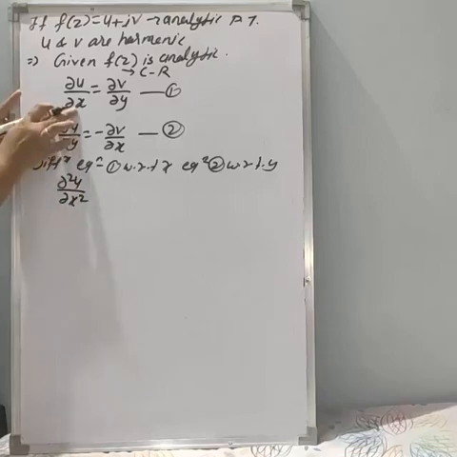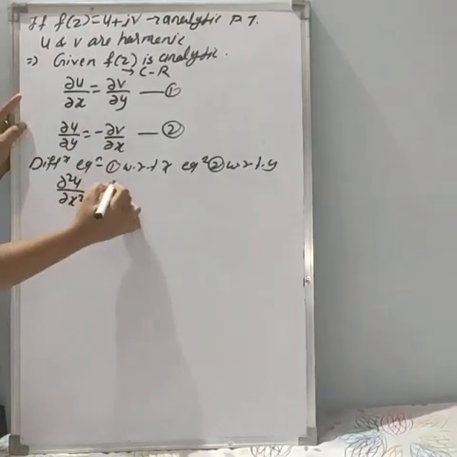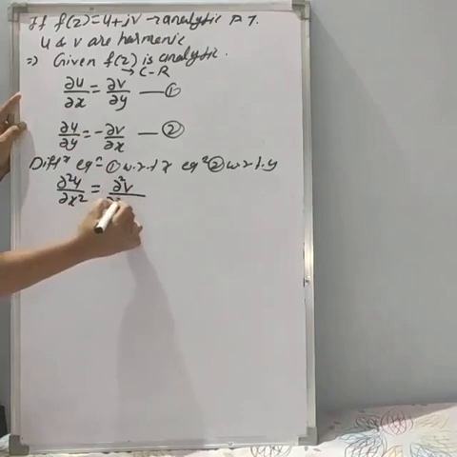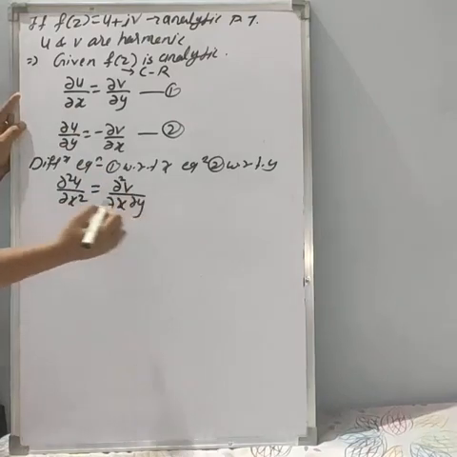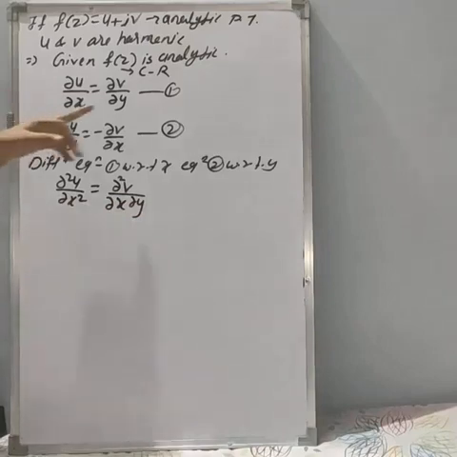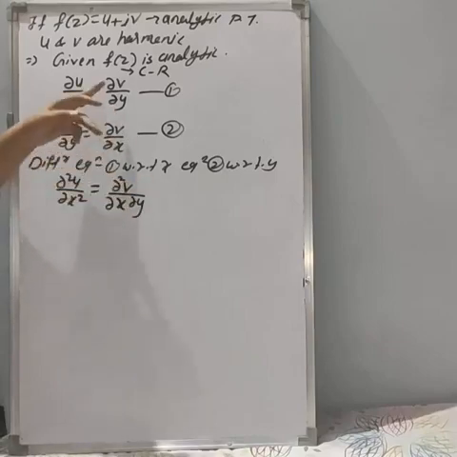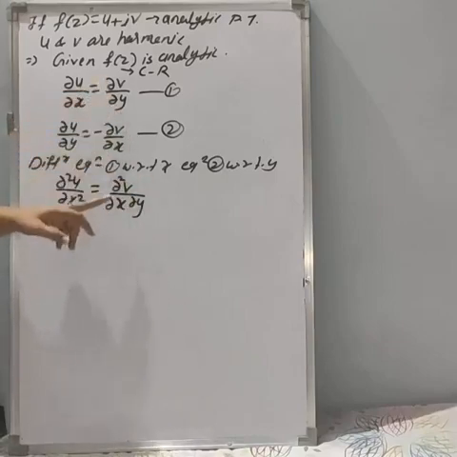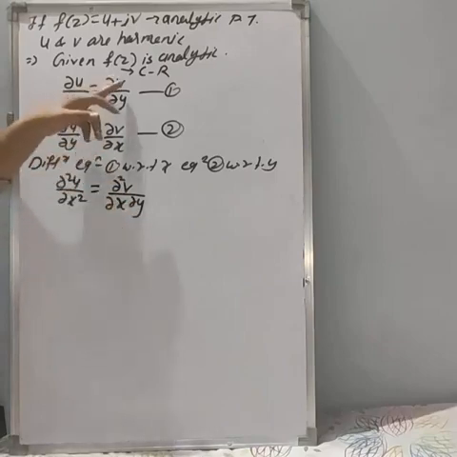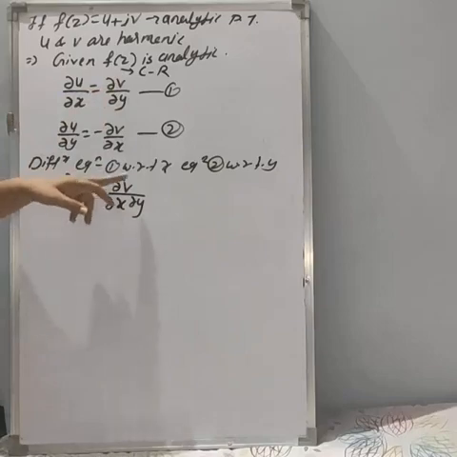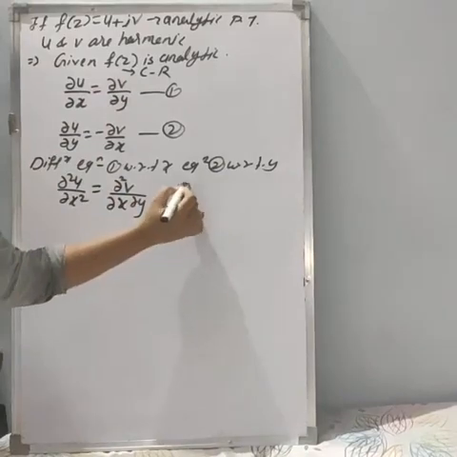And here we will get dou square v divided by dou x dou y, because dou by dou y is the constant term when differentiating with respect to x, and differentiation of v is again dou v by dou x. So we get a total of dou square v by dou x dou y. Okay, call this equation number 3.